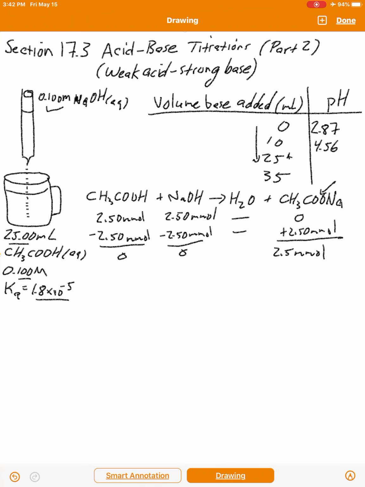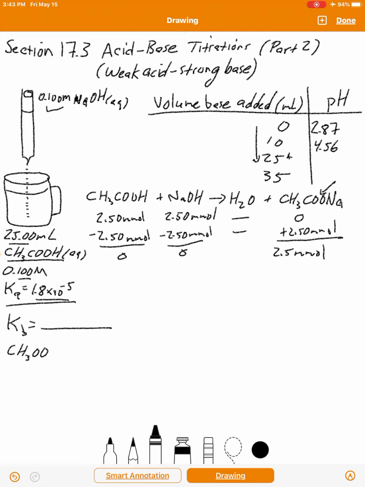So the question then is, if Ka is 1.8 times 10 to the minus 5 for acetic acid, what is Kb for the acetate ion? Oops, let's write that whole chemical formula there. Right, this is the conjugate base of acetic acid. You just take the H plus off.